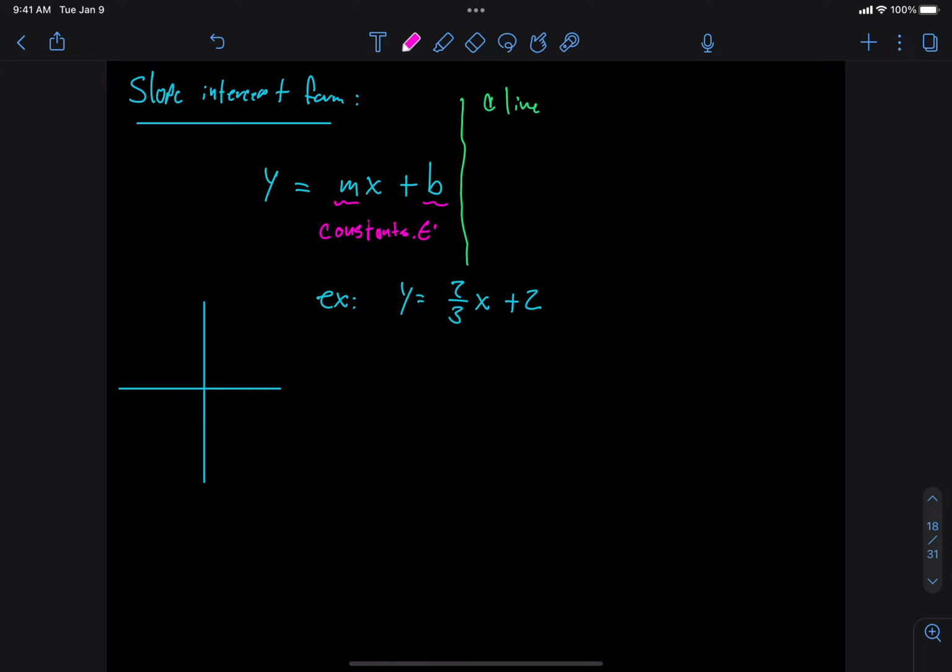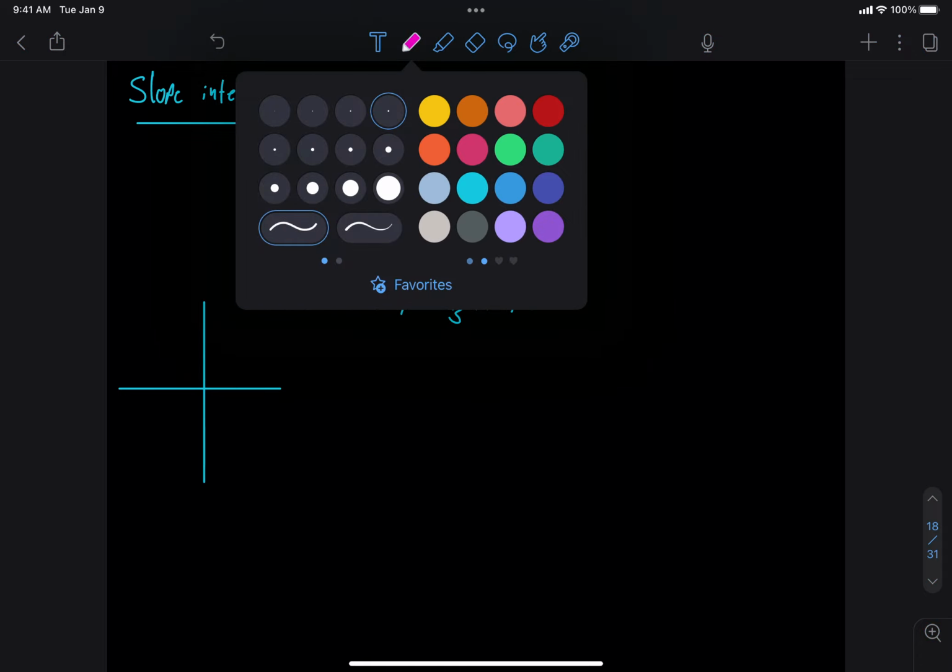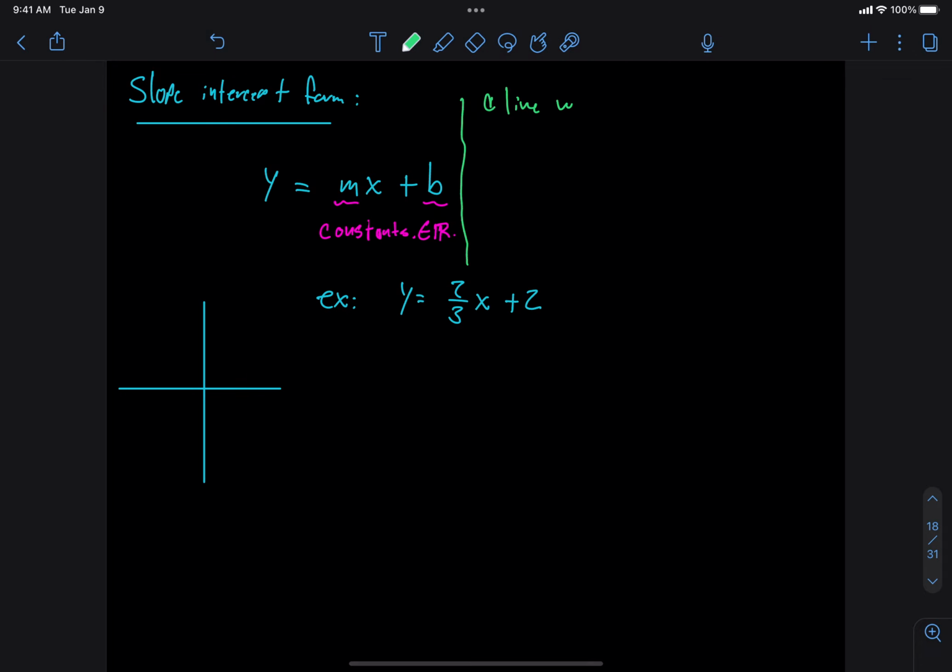For example, they could be real numbers. And this equation is going to be the equation of a line with slope m passing through (0, b). And we call this the y-intercept.